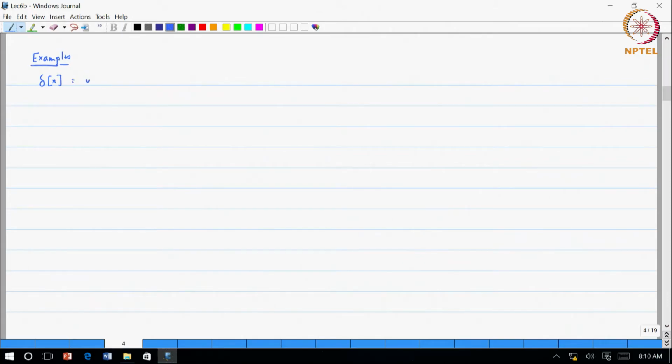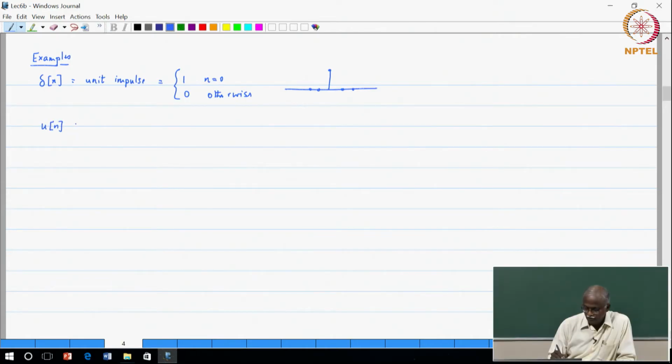This is very different from the Dirac delta that we have in continuous time, and it is defined as a signal that is equal to 1 for n equal to 0, and 0 otherwise. Again, it is a very useful signal. Then we also have a unit step function, which is equal to 1 for n greater than or equal to 0, and 0 otherwise.